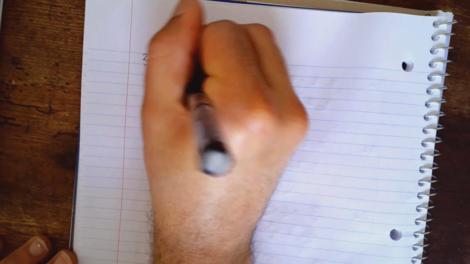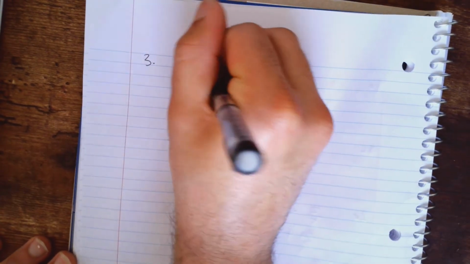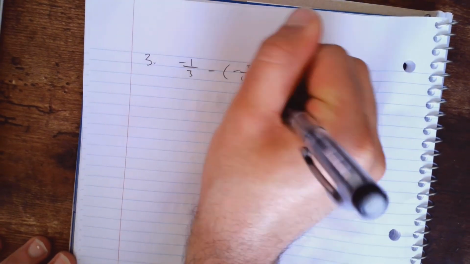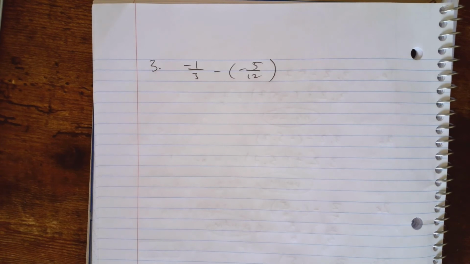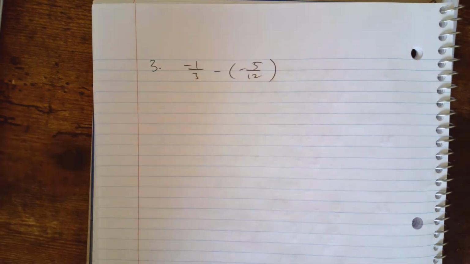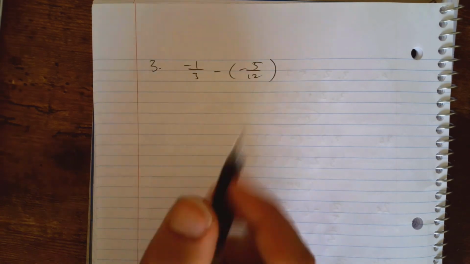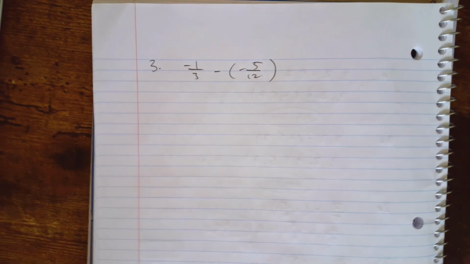Okay, so we have -1/3 minus -5/12. And hey, this is the step we were just practicing. They're saying, how can we rewrite this subtraction as addition? So, how can I rewrite this subtraction problem as addition right here?